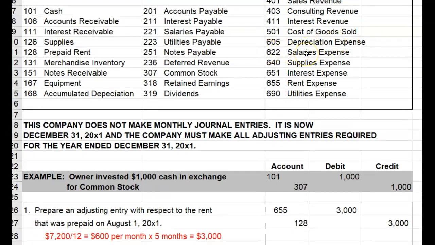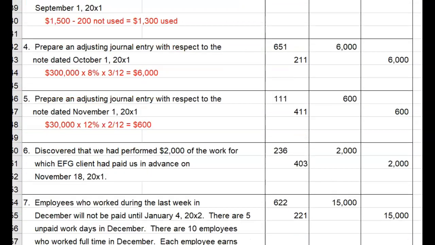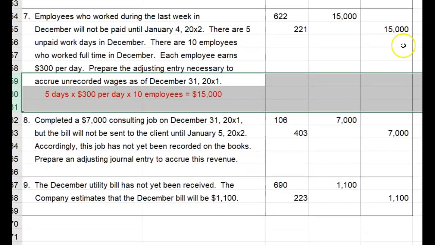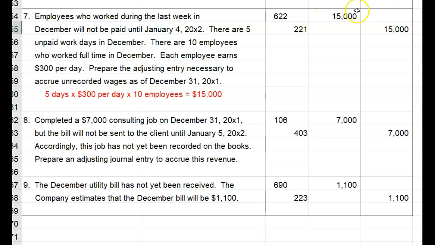Salaries expense is account 622, salaries payable is account 221. Debit 622, $15,000, credit 221, $15,000.